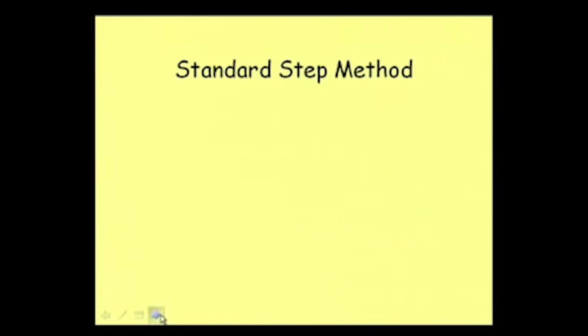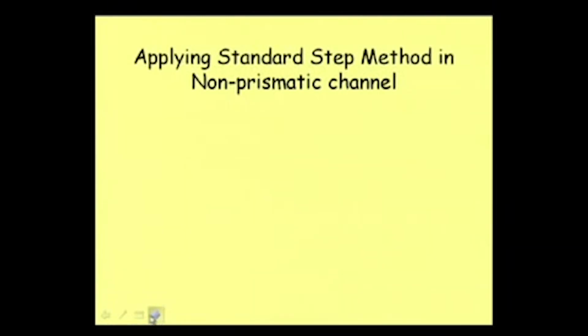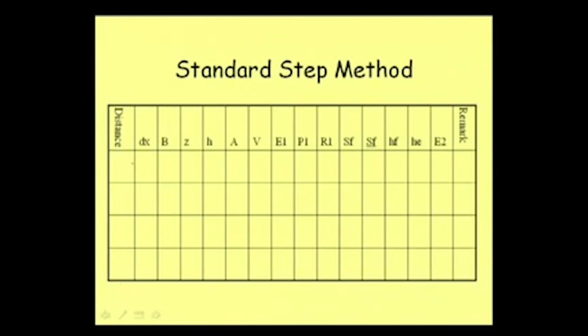Well, to have a better understanding of how we actually use the standard step method, we can see it through this table. Here we have one advantage. Let me just take this slide and show you. Distance means, say our starting point is 0 and then we are continuously computing the profile.